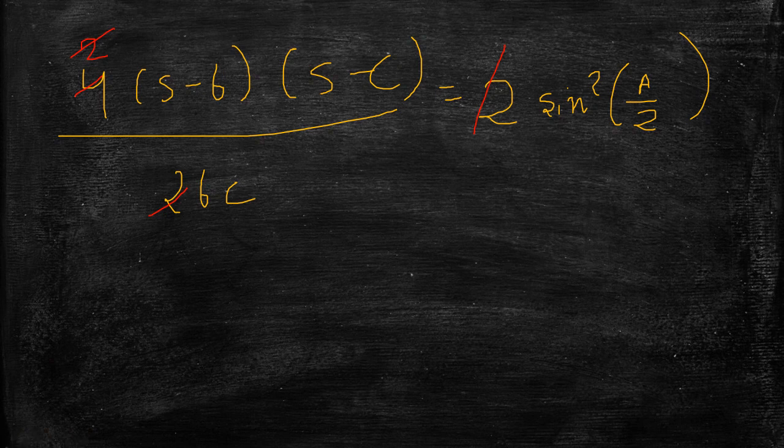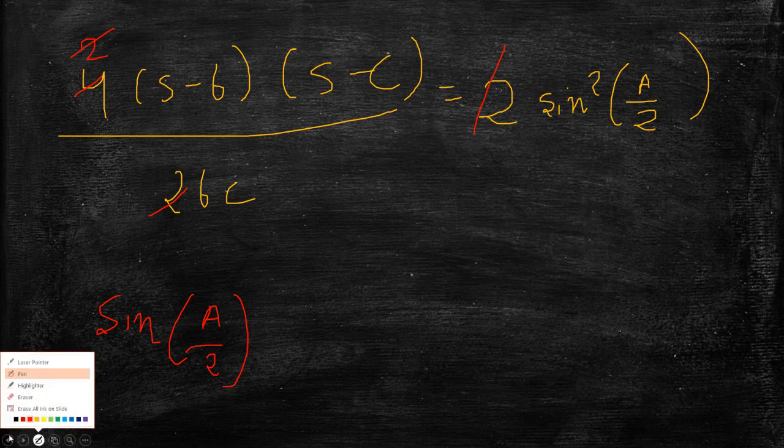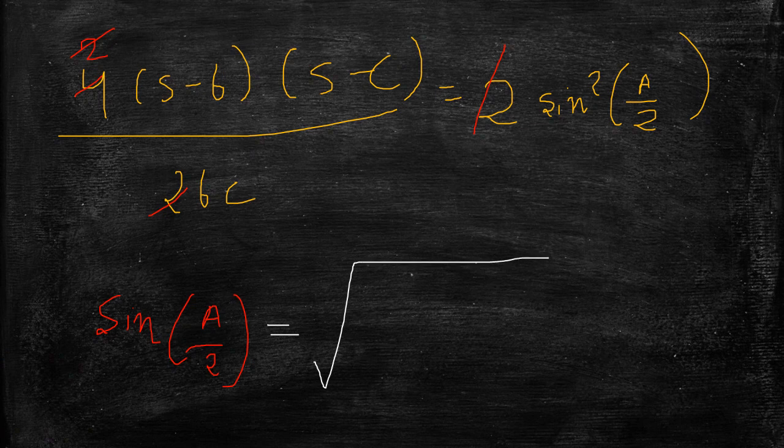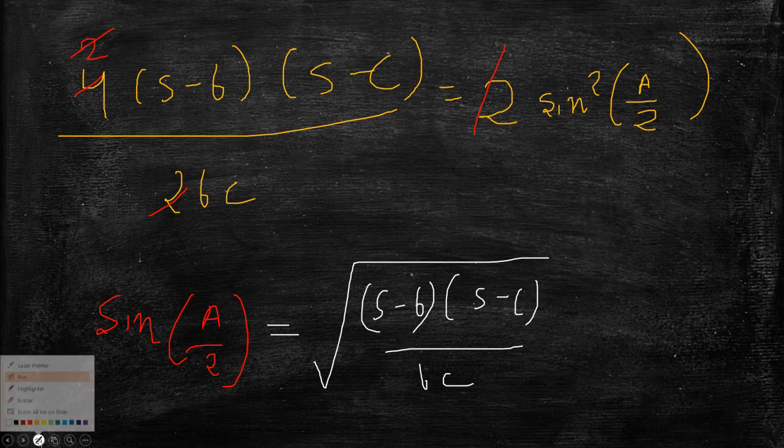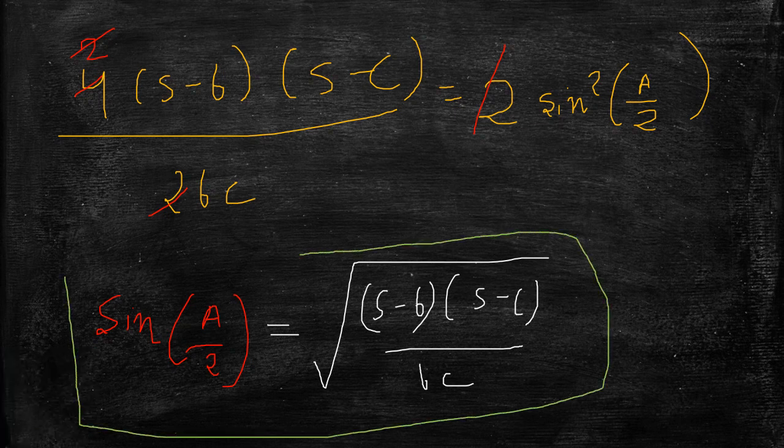I will take the square root on both sides to get sin of angle A/2 equal to the square root of (s − b)(s − c) upon bc. So I have got the half angle formula.